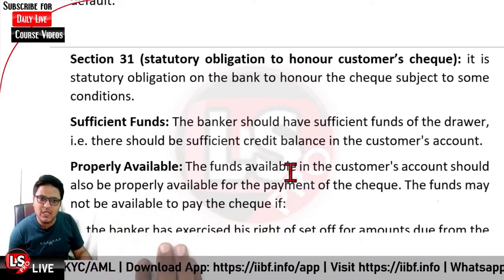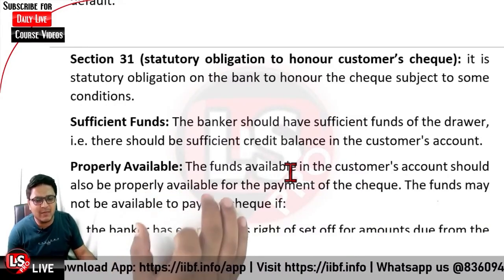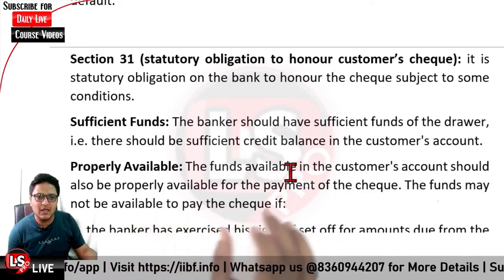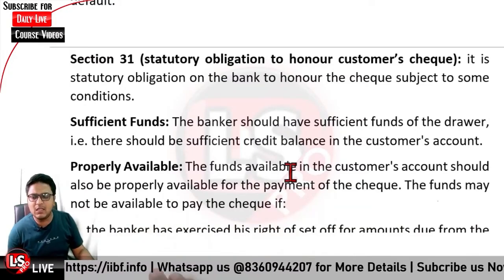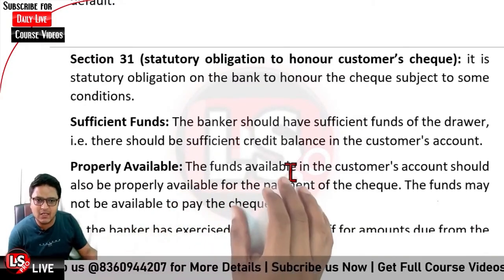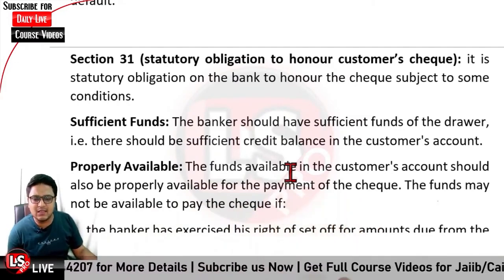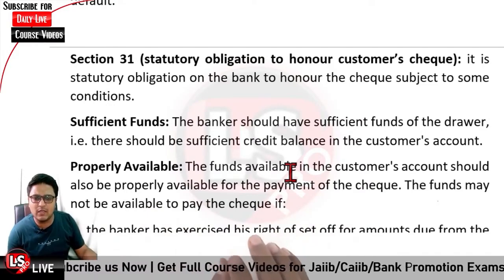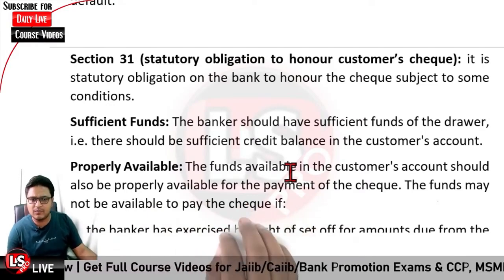What do you mean by properly available? It should be the clear balance which is available. The banker should have the right so as to exercise his right to debit the balance in the account.